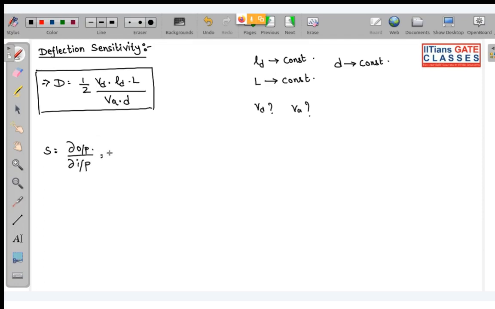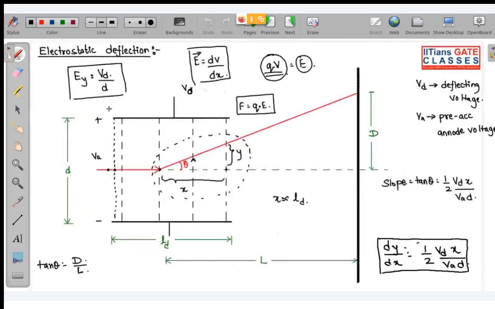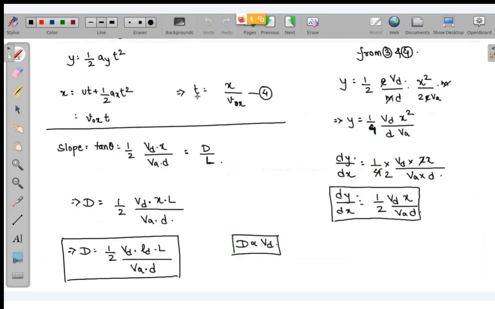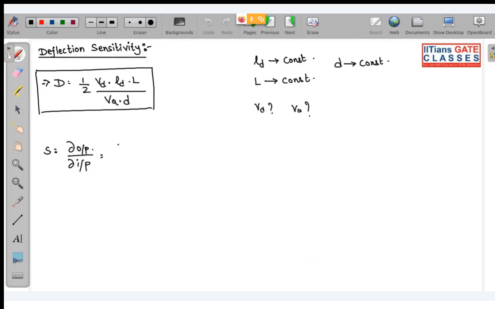Output change means, if this input VD was not present, this electron would have struck over here. So the change in output is this capital D, and the input is this VD. So you write D by VD. This is very, very important. Now VD will cancel out, so this is L LD by 2 d VA.